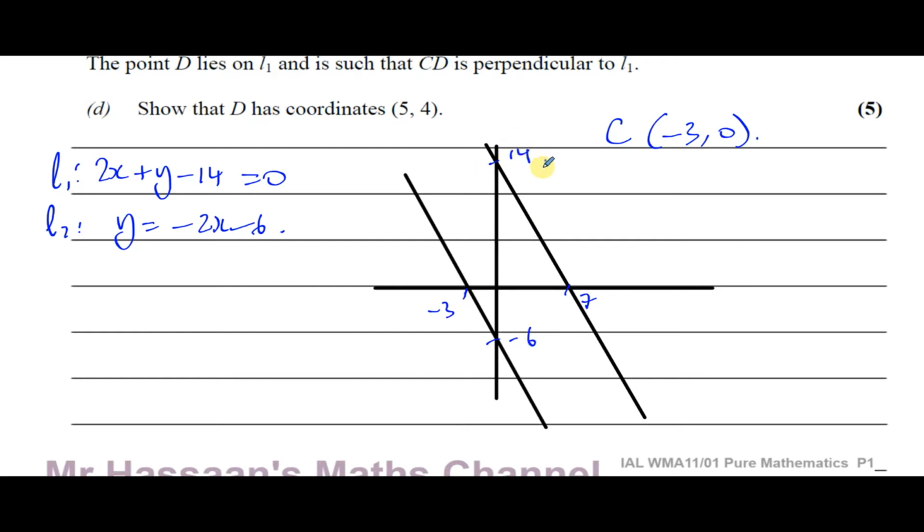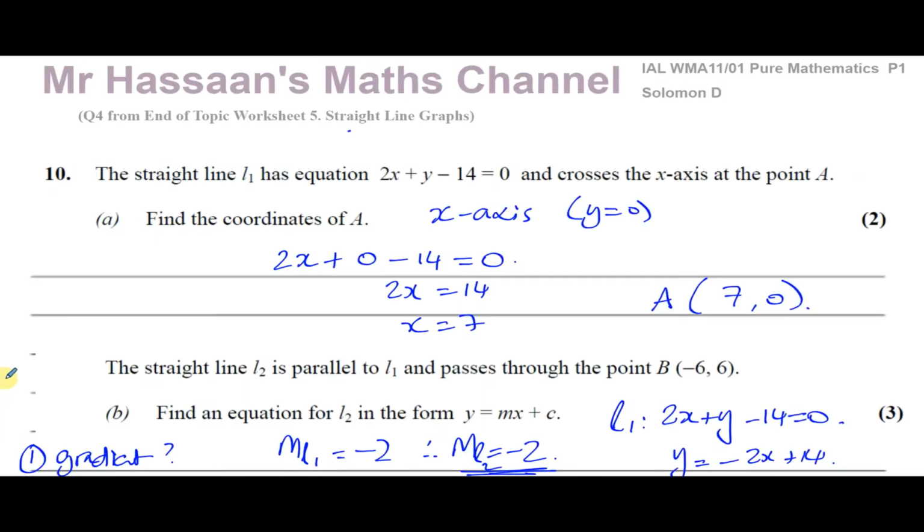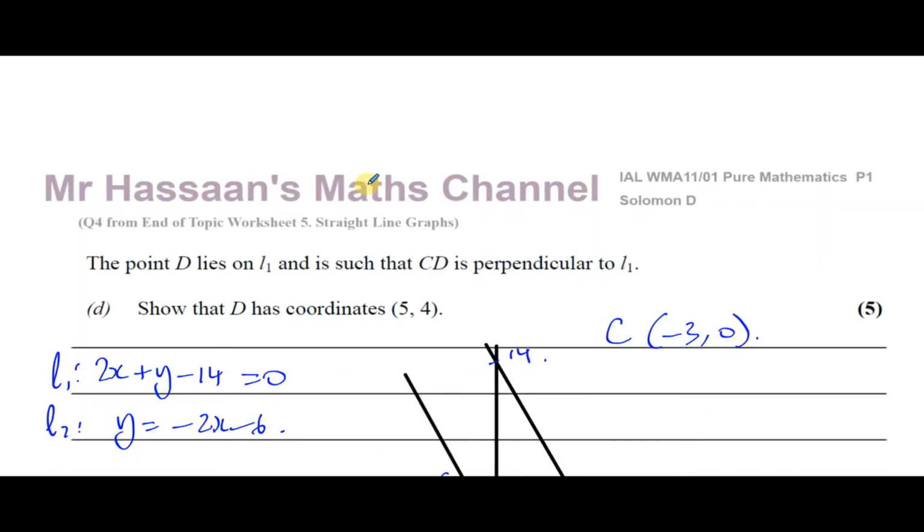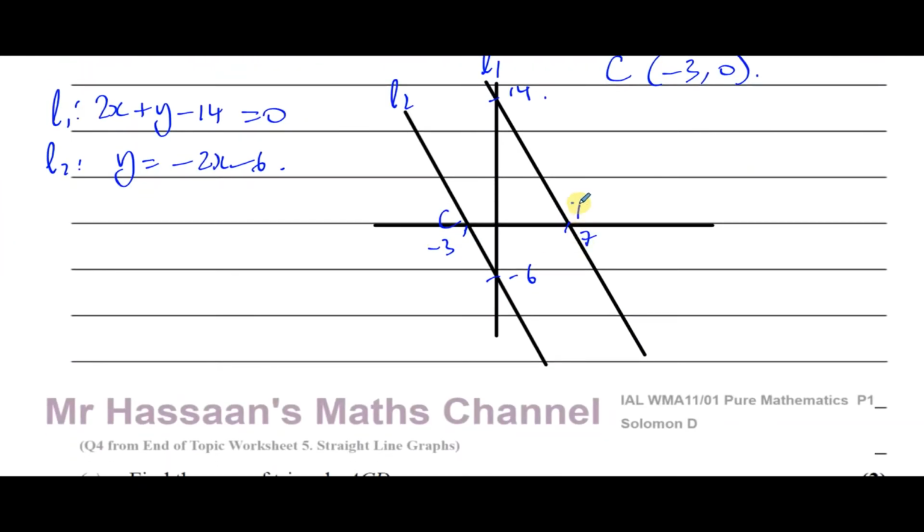Okay, so they're asking us that the point D lies on line 1 and such that CD... okay, so this is the point C. Remember, this is line 1, and this is line 2, and this is the point D. This is 7, 0, this is -3, 0.